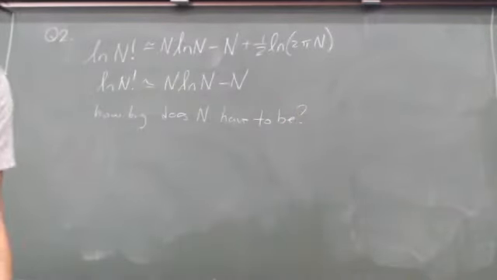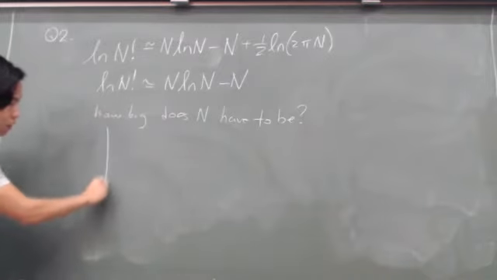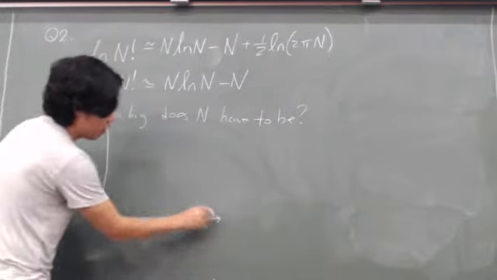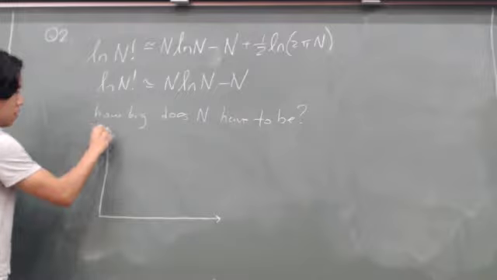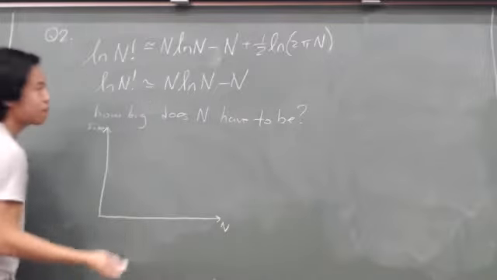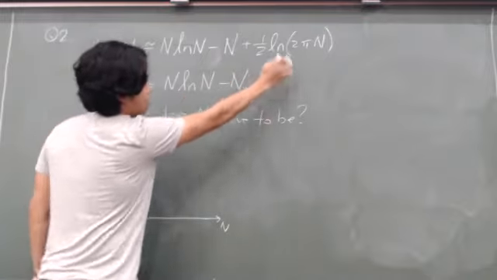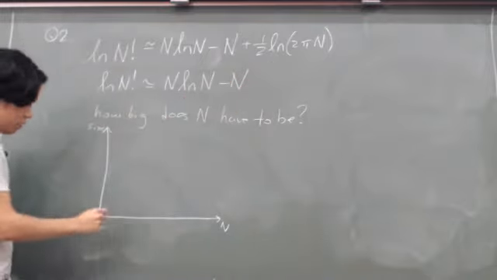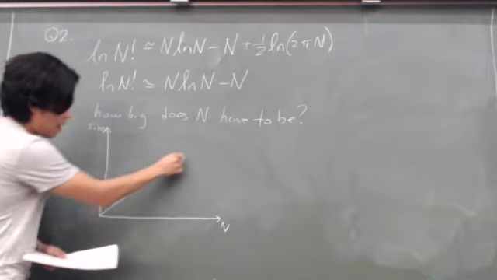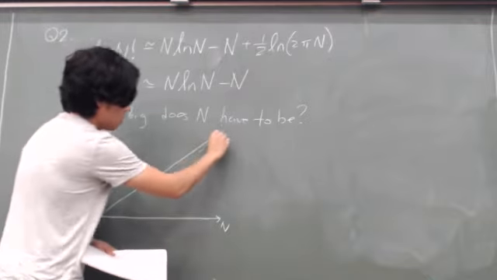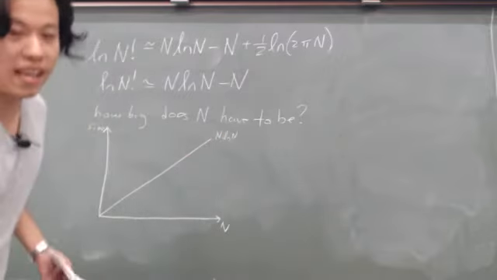So, okay, this is mainly a plotting exercise. So if you plot out all 3 terms in the first expression, so this will be the size, and this is n. Then plotting out n log n versus this half log 2 pi n, you'll see the graph looks somewhat similar. So n log n looks like this. I should have made it steeper because n is meant to be diagonal.